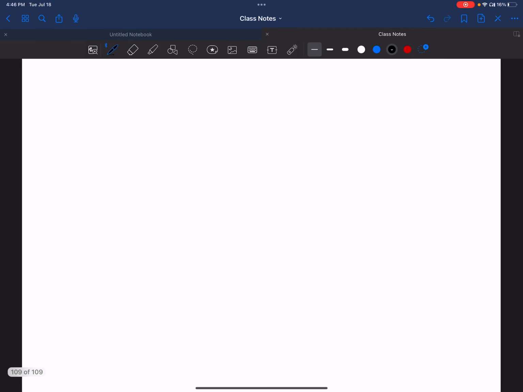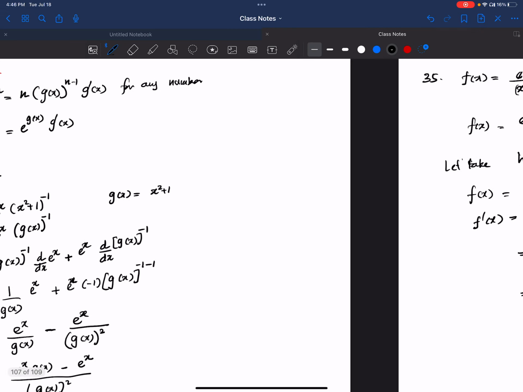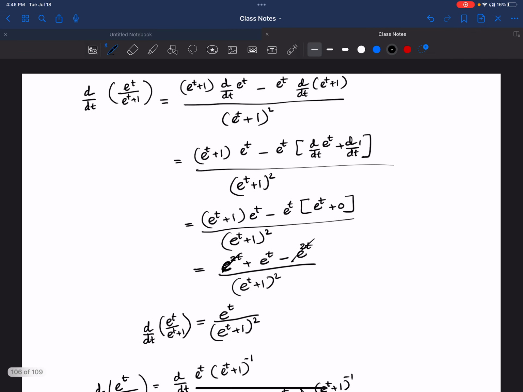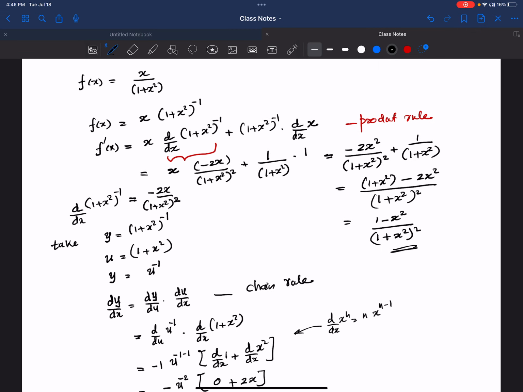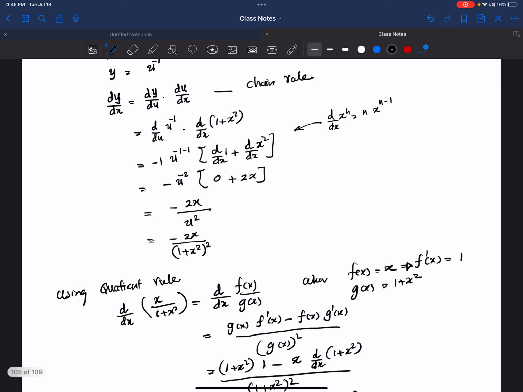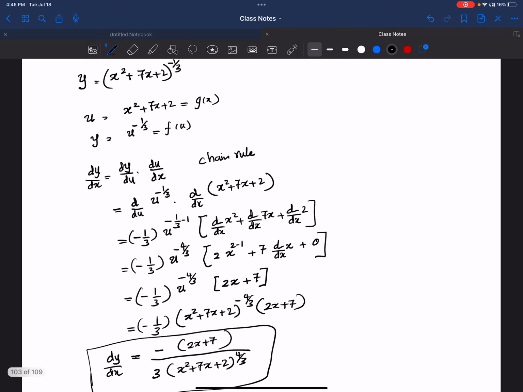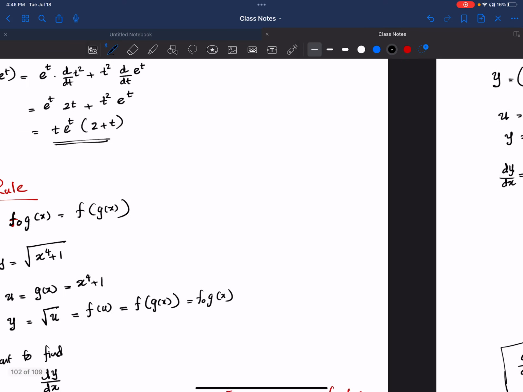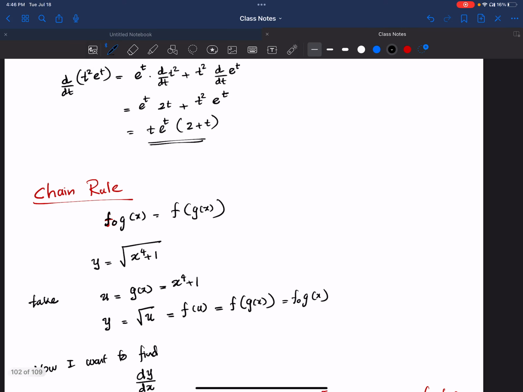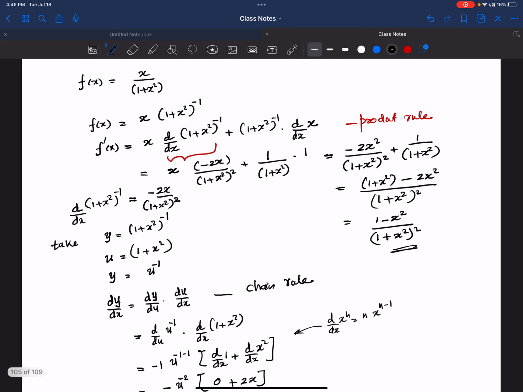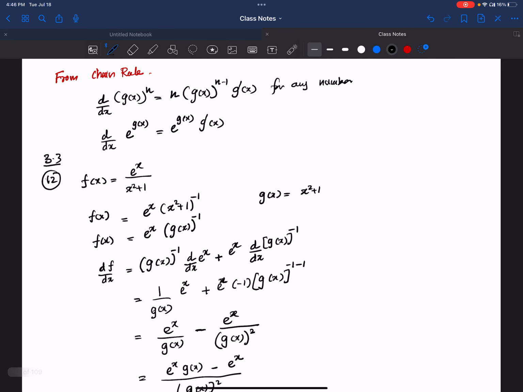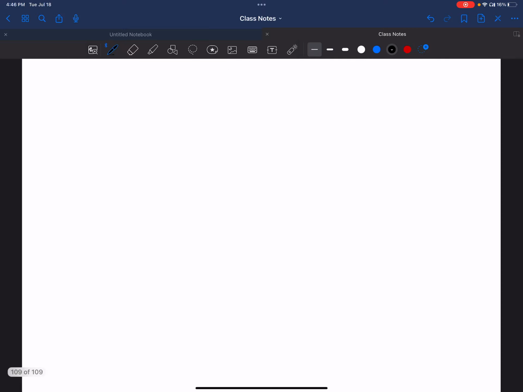All right. So now you might have understood how to apply the chain rule and product rule, and in combining the chain rule and product rule, you can apply the quotient rule. So we did a couple of examples with chain rule, with product rule, and then the product rule and chain rule, and then the quotient rule.